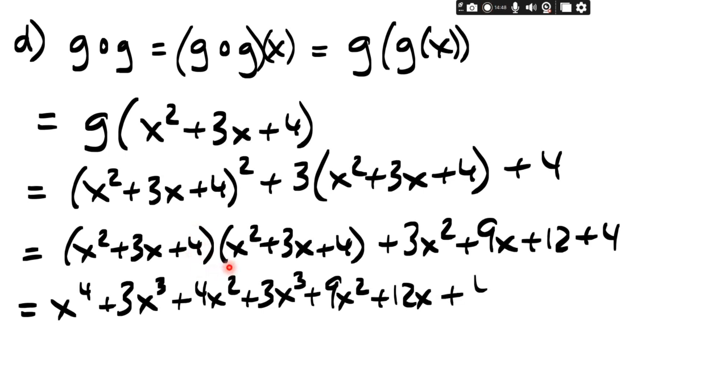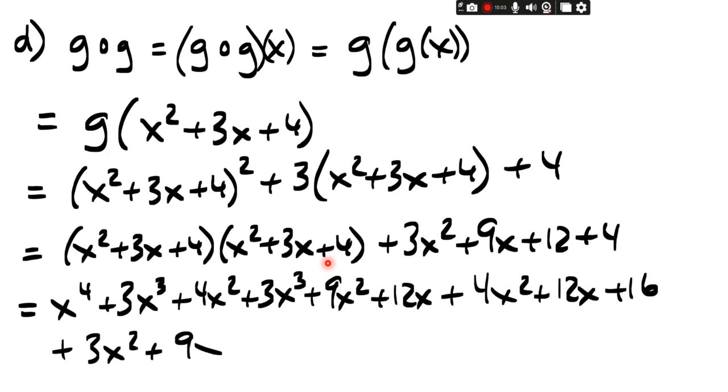So 4 times the x squared. 4 times 3x. And 4 times 4 is 16. All right, don't forget we still have all the other stuff over here too, right? So we still have plus 3x squared plus 9x plus 12 plus 4.